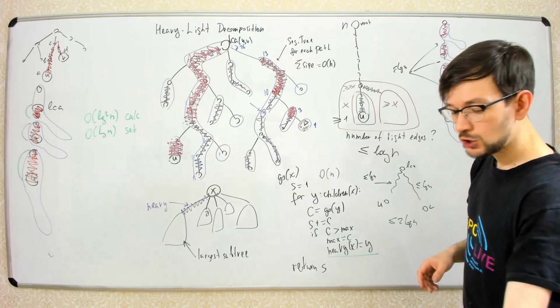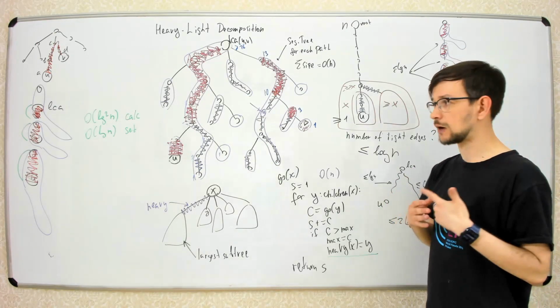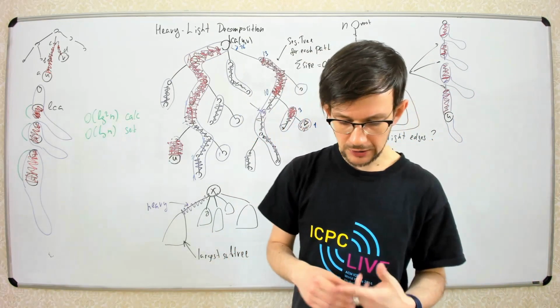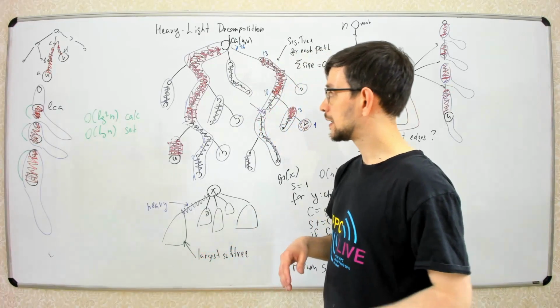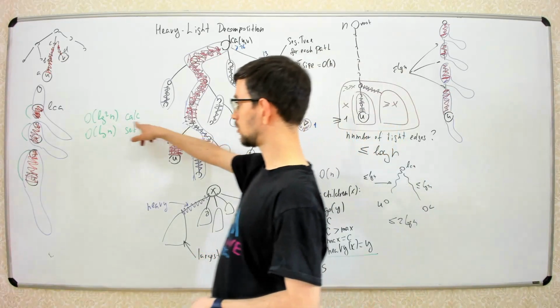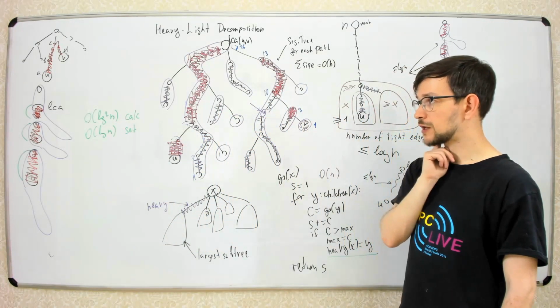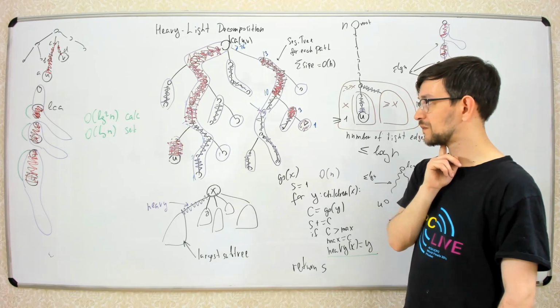Now, you can do it even faster actually, and on the next lecture we'll discuss how to make this even faster. You can use the technique which is link-cut trees. In link-cut trees you can calculate the function in log n amortized time, and it actually allows you to do even more operations.